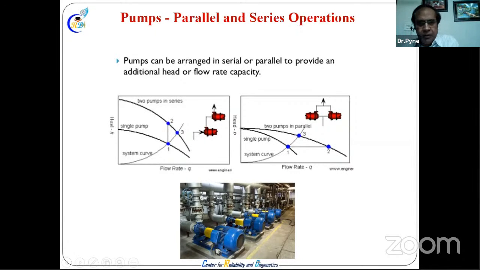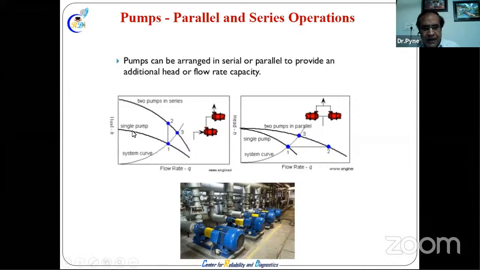We thought we'd get double flow, but in practice you never get double flow. Be careful, because the system curve will determine how much more you'll get. You'll get a bit more than what one pump gave. So in between, maybe half. So it is not double, you'll get 1.5 times the flow.